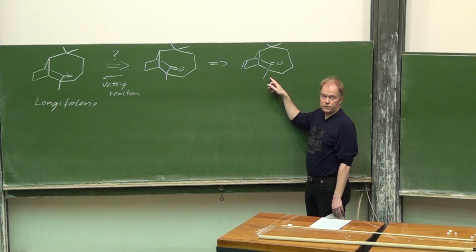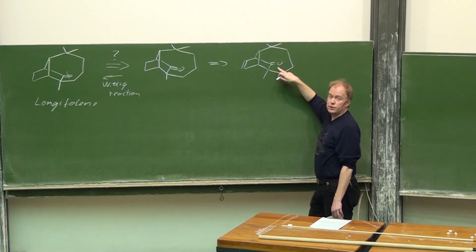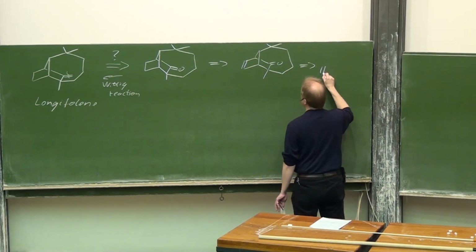However, in one of the first lessons of this lecture, we already learned that we could have another functional group for the Diels-Alder reaction, which is then easily transferred into a ketone. And an idea could be this one.